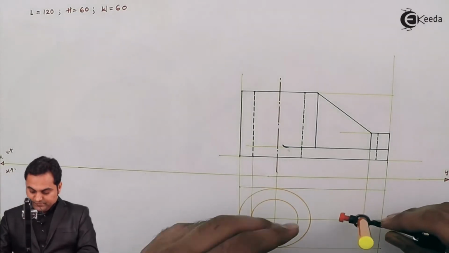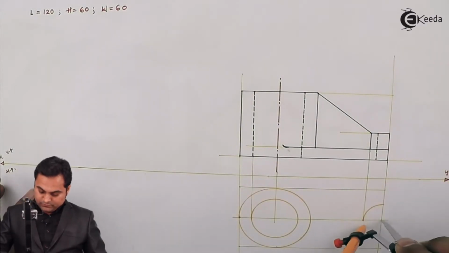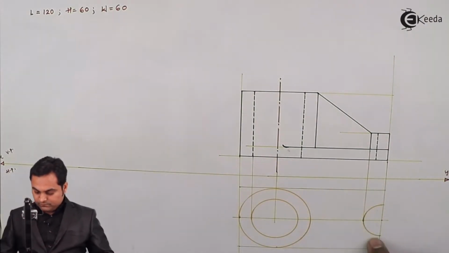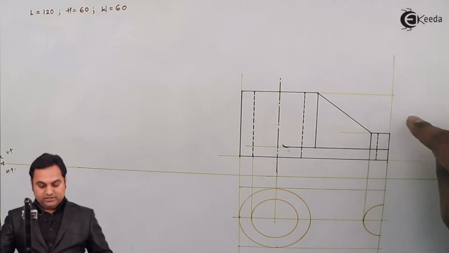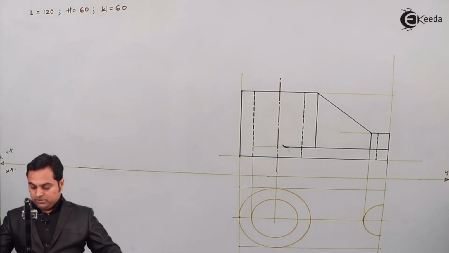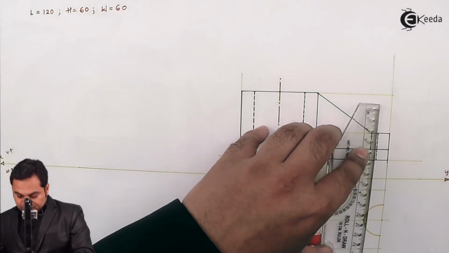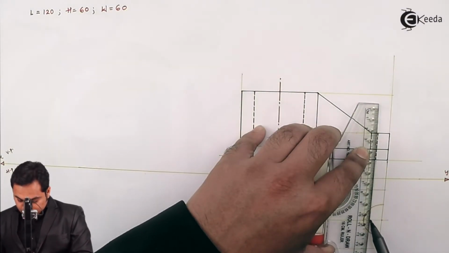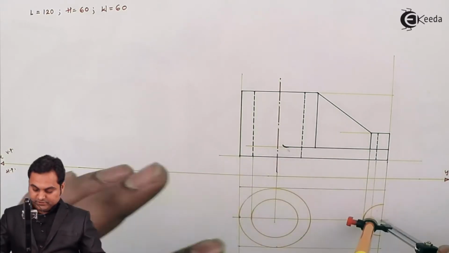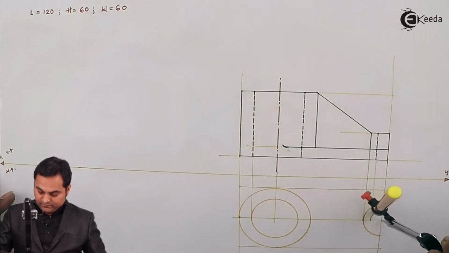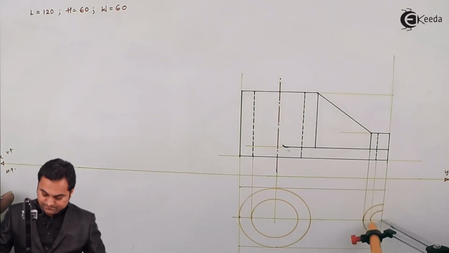So drawing a light semicircle from here. Then the inner semicircle is also visible and its radius will be projected down. So drawing another semicircle light, which is the inner semicircle.